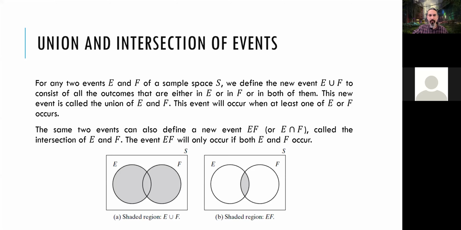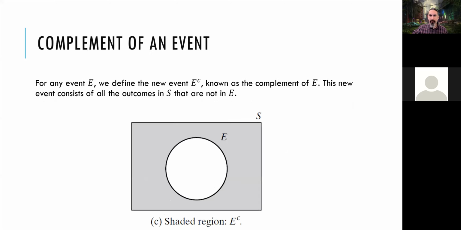Otherwise, it won't. And then there's the complement of an event, which is like a complement of a set, the same thing actually. So for any event E, we can define the complement of E. Now, the complement of E consists of all the outcomes in S, in the sample space, that are not in E. So it's actually the same thing.